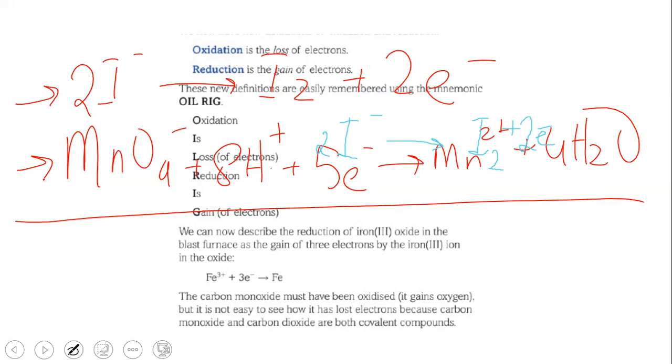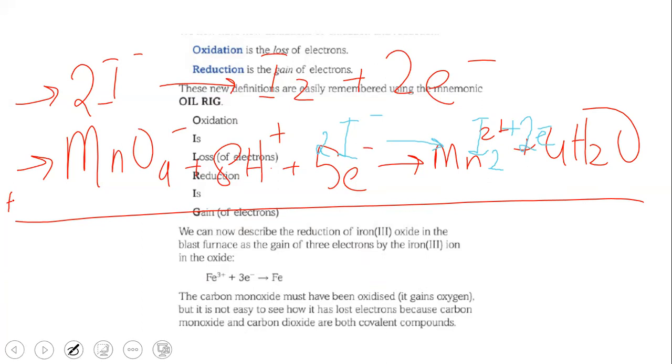Is that making sense? Ozoya, is that part making sense? That what you actually have to do? Yeah, I get that. Okay, now whenever you are solving this particular question where they have given you two half equations and they're saying combine them and give us an overall equation, the only way you can do that is by balancing the number of electrons.